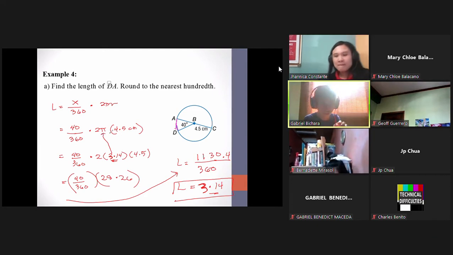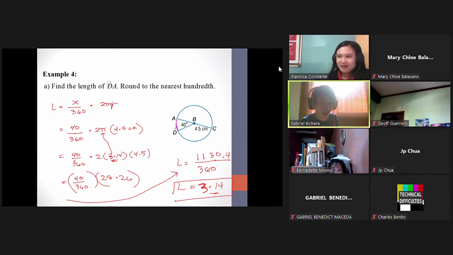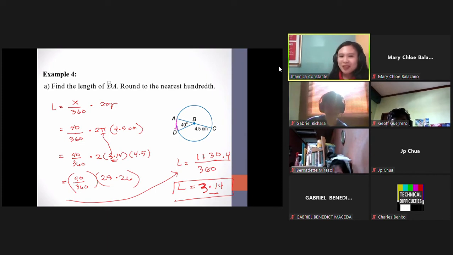R is the radius. 2 times pi times radius. That is 2 pi r, the circumference of the circle. Diba the formula for the circumference is 2 pi r? That is where we get the formula for the length of the arc.